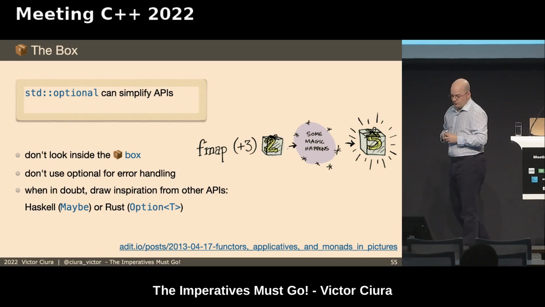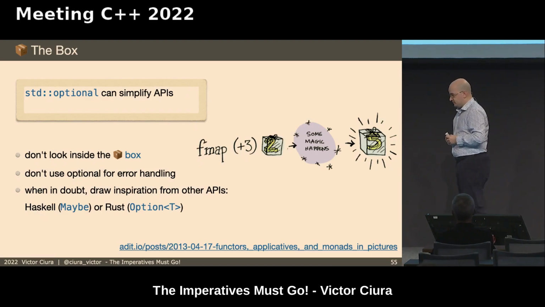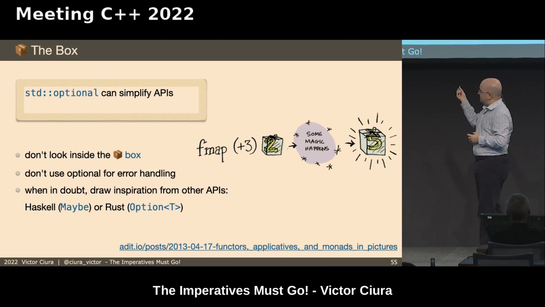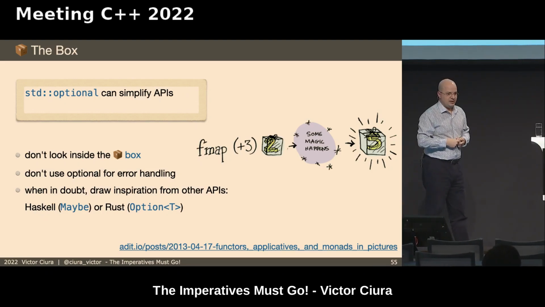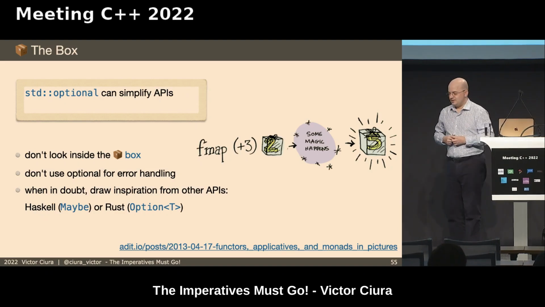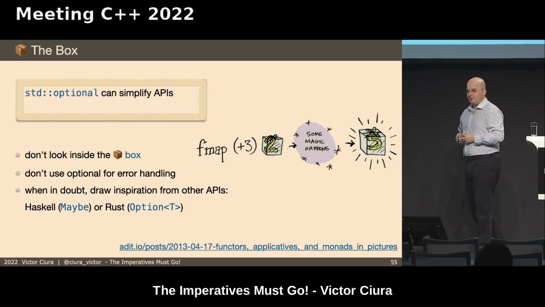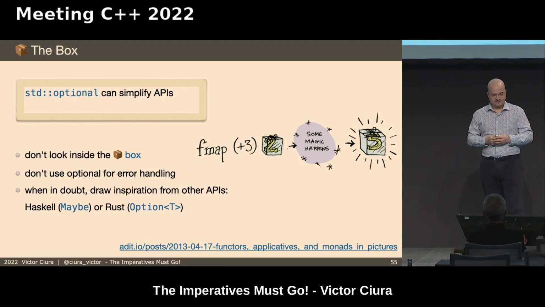If you want to read more about functors, applicatives, and why not monads, there is a series of articles that I think explain the concepts in a very intuitive way using pictures, so no fancy mathematical explanations.